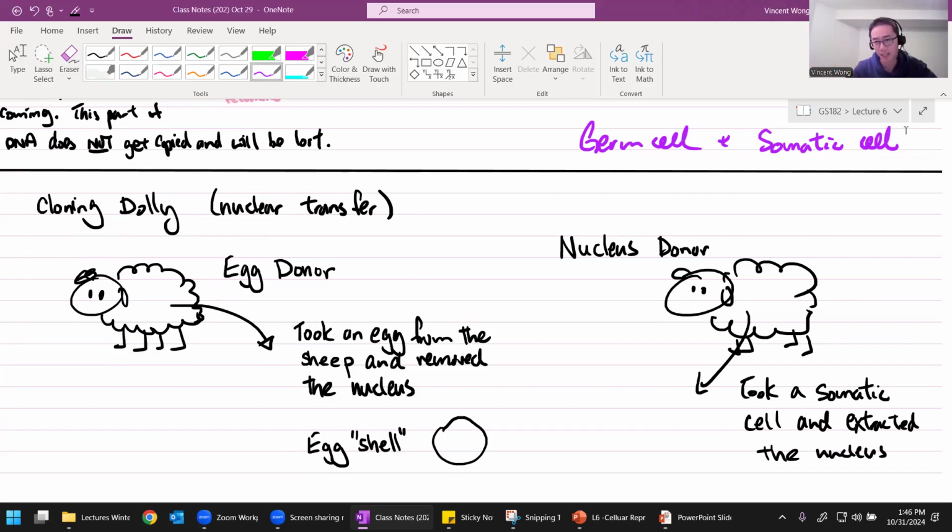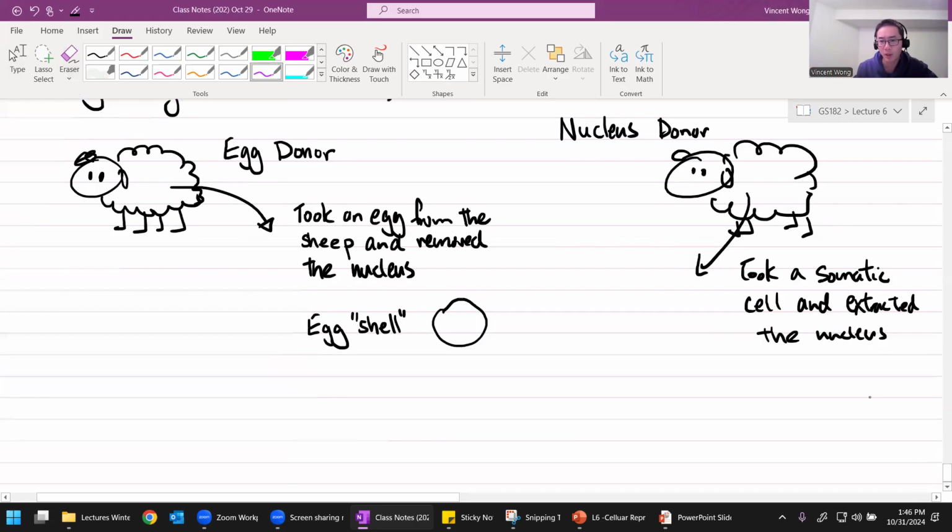So they took a somatic cell, which contains the full set of chromosomes from the nuclear donor, and then they extracted the nucleus. So there's the nucleus with the full chromosome set. I don't remember how many chromosomes sheep have, but it's not 46. Doesn't matter. It's the full set.